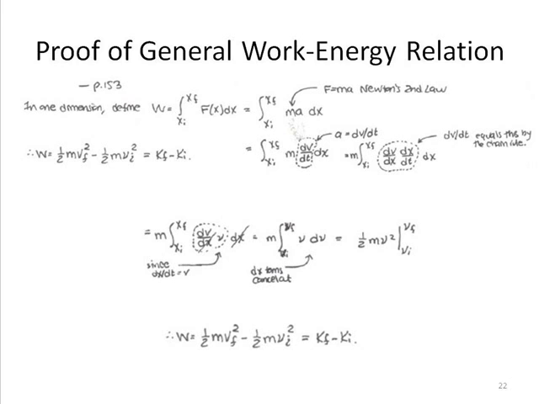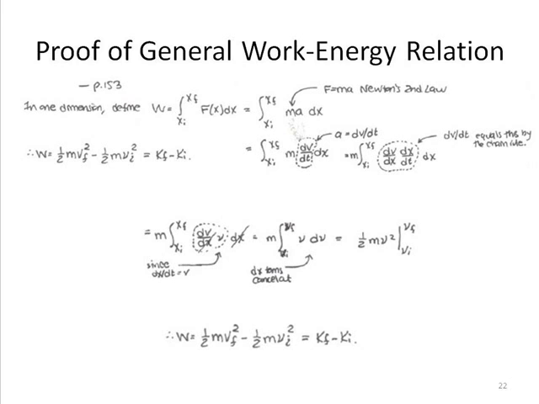But dx dt is equal to the speed. So let's substitute v directly for that. Then we get dv dx times v times dx. Well, because the dx's can now be canceled, this is just equal to v dv.